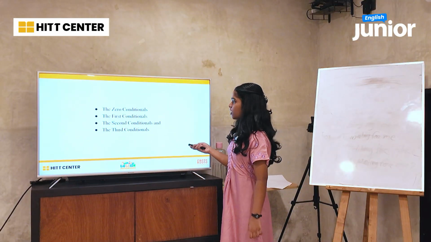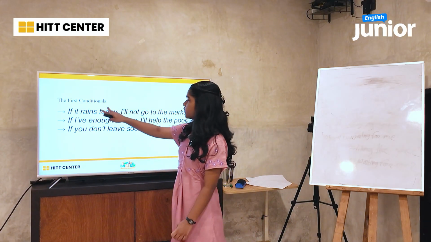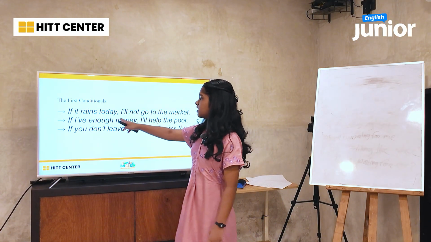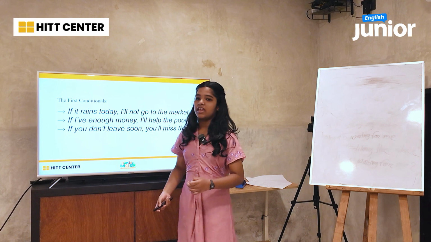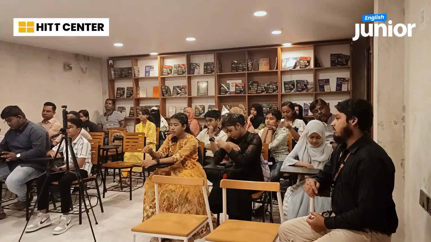So, our next topic is first conditional. The first conditional if clause is in present tense, and the second, the dependent clause, is in future tense. This structure is used for things that may happen but you don't know what will happen.